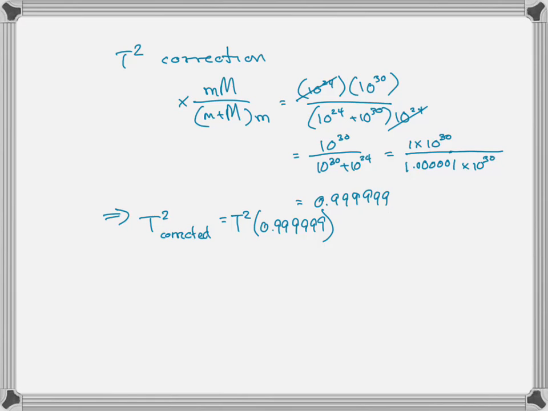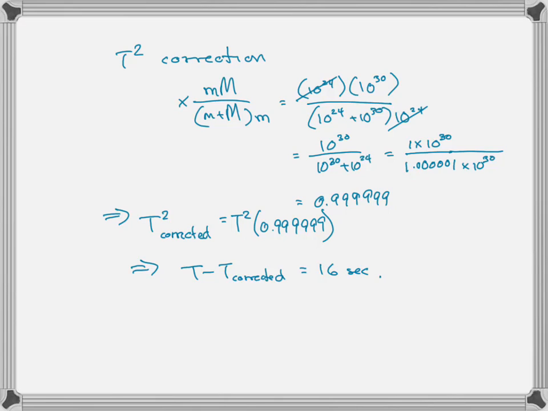The period is slightly smaller than if the sun were infinitely massive and the Earth had 0 mass compared to the sun. Let's say that T is 1 year. If I did that calculation correctly, the corrected period is 16 seconds less.